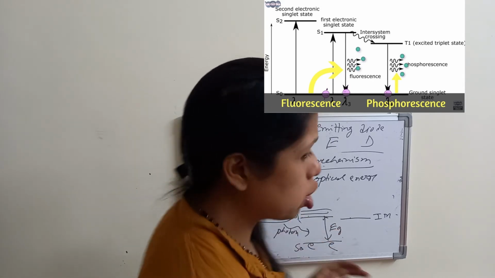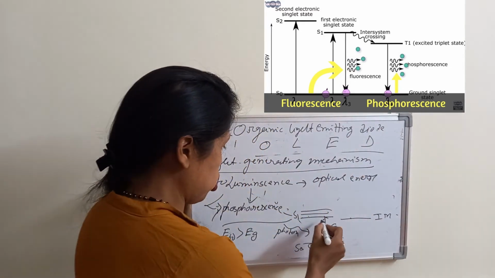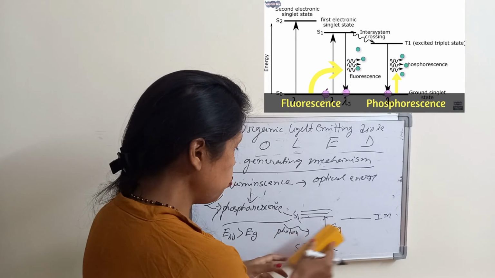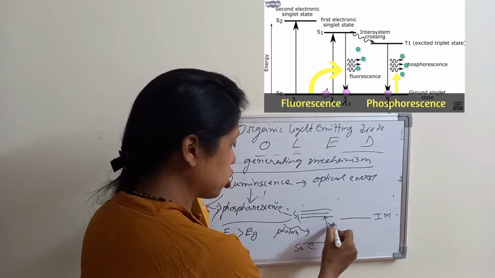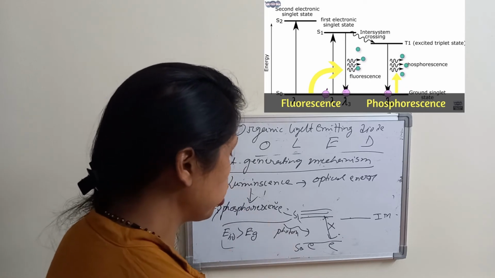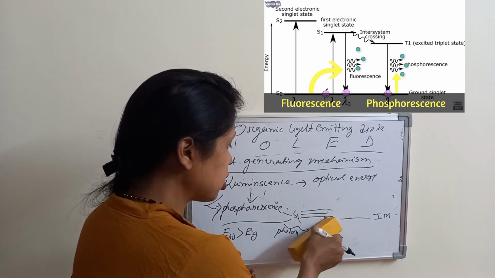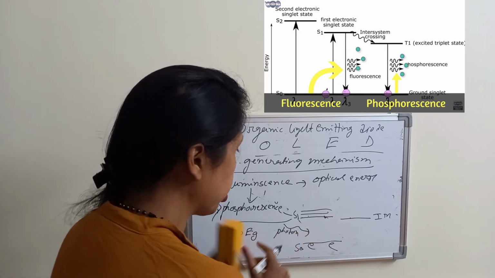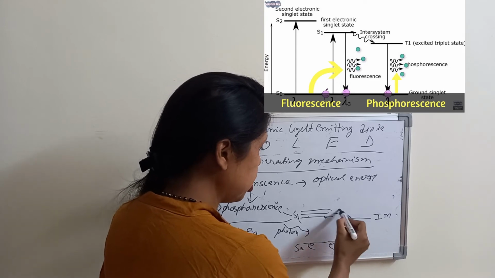Now, due to some spin orbit coupling, the electron will not directly fall down from the upper state to the ground state. That will not happen. Due to spin orbit coupling, there is an intersystem crossing transition. The electron will first go to this intermediate state.